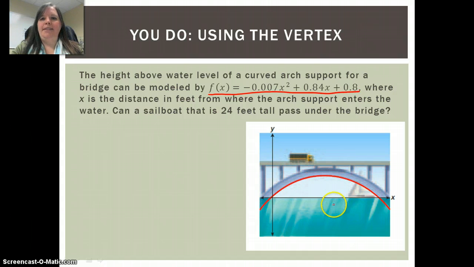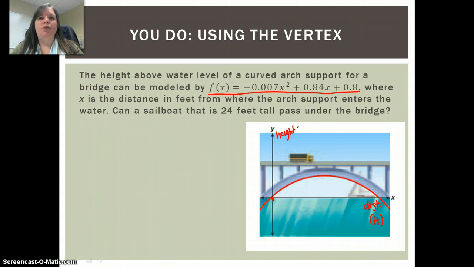X is the distance in feet, so you might want to label it the distance in feet from where the arch support enters the water, so from here. And then the y value would just be the height of the bridge. So the question is, can a sailboat that is 24 feet tall pass under the bridge?